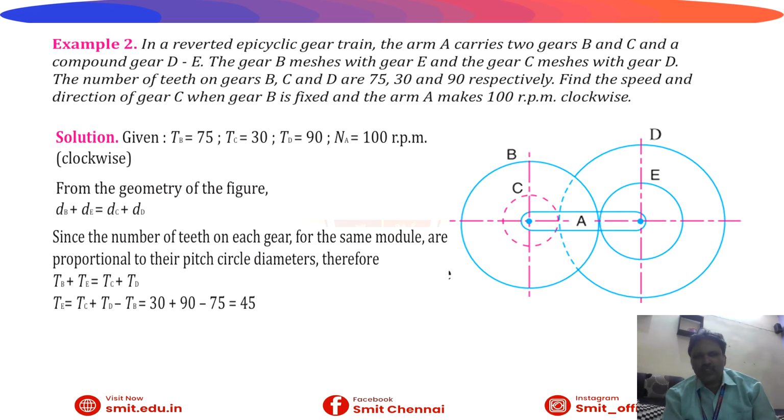Since the number of teeth on each gear for the same module are proportional to the pitch circle diameters, we can write TB plus TE equal to TC plus TD. Then TE equals TC plus TD minus TB, which is 30 plus 90 minus 75, so we get 45.